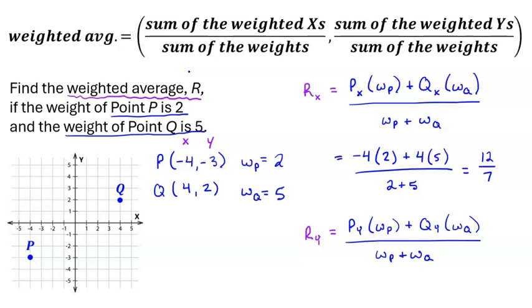Okay? And then from here, now we're using the y's, so it's going to be negative 3 times 2 plus 2 times 5. So setting up my paper this way helps me with what I'm doing. I'm never going to tell you to do something that's not going to help you out, okay? And so we've got 2 plus 5 here.